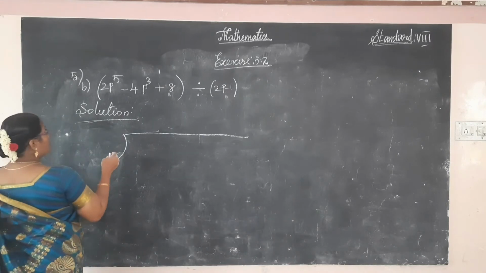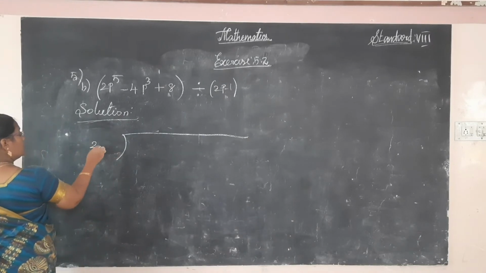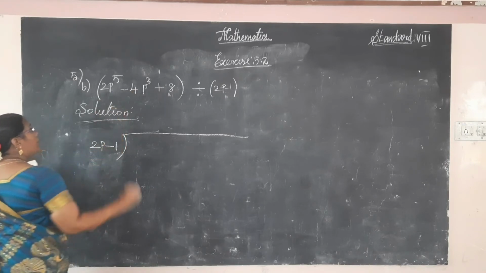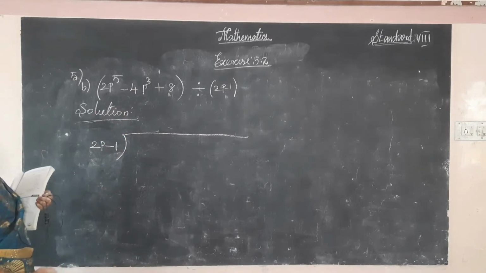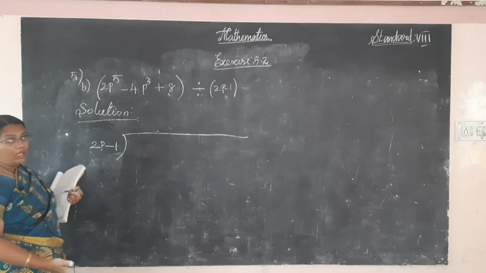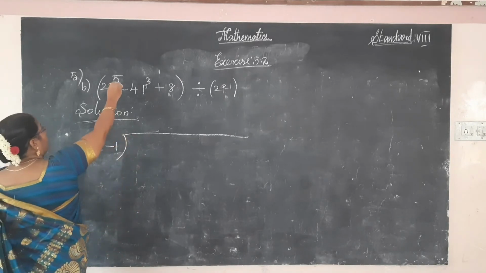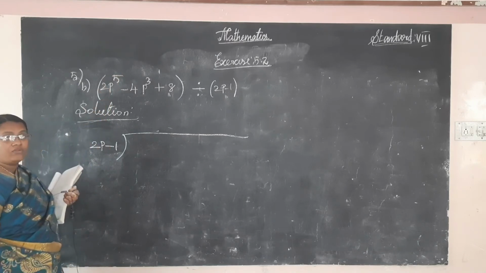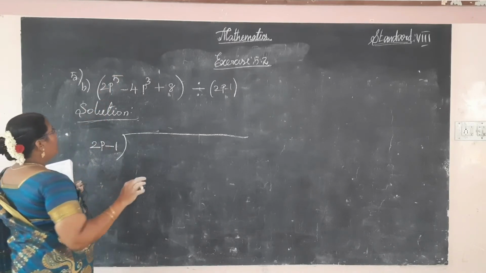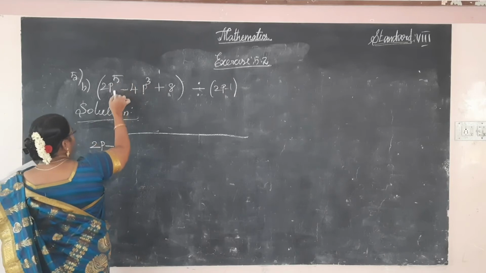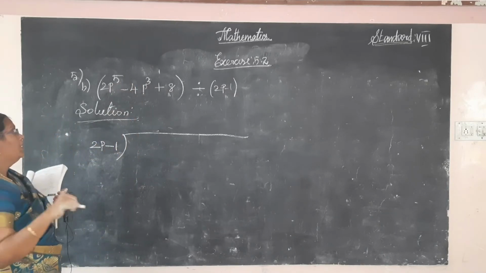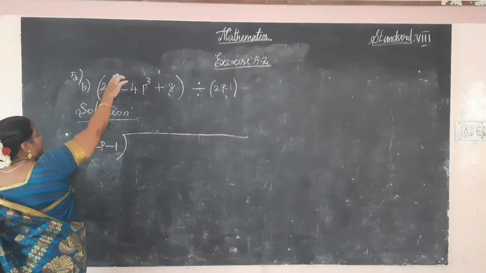Put the long division, write the divisor 2p minus 1. Okay, verify the given algebraic expression is in descending order. Here the fifth term, the power of the variable starts from 5. Okay, so in-between terms are not given, so in this place we will insert 0 for the missing power variables.